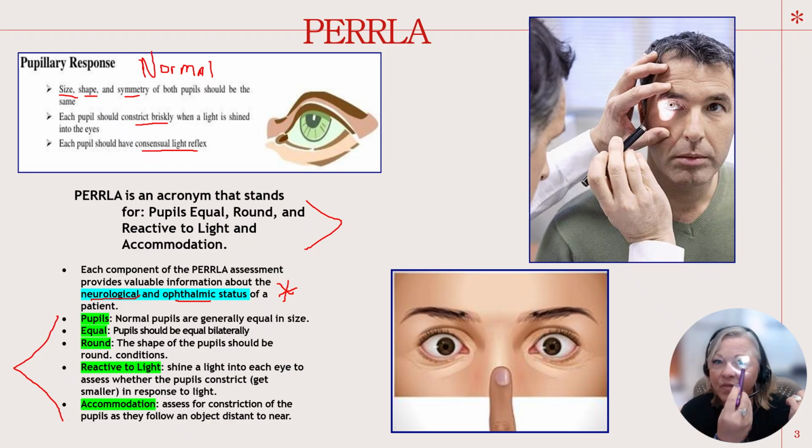So normal finding is that you have consensual light reflex in both eyes, or you could say that you have a consensual light reflex in the right eye only, which means the right eye is the only one that will constrict when light is put in the opposite eye. So that is a consensual light reflex, and we all have it. The eyes work as a pair.